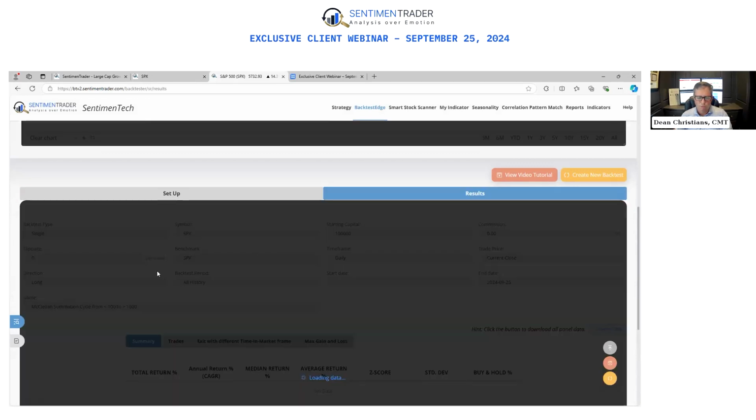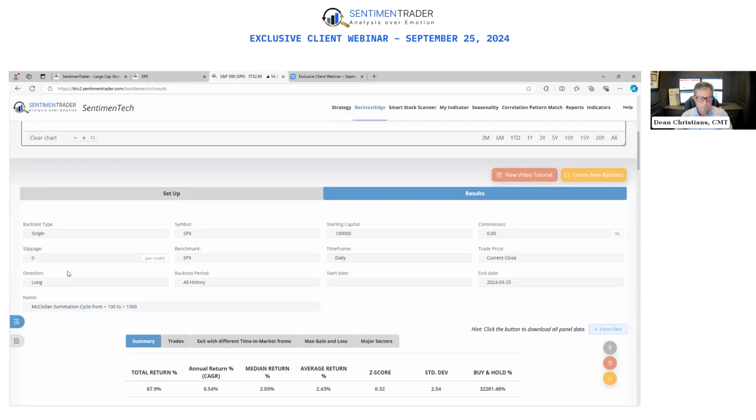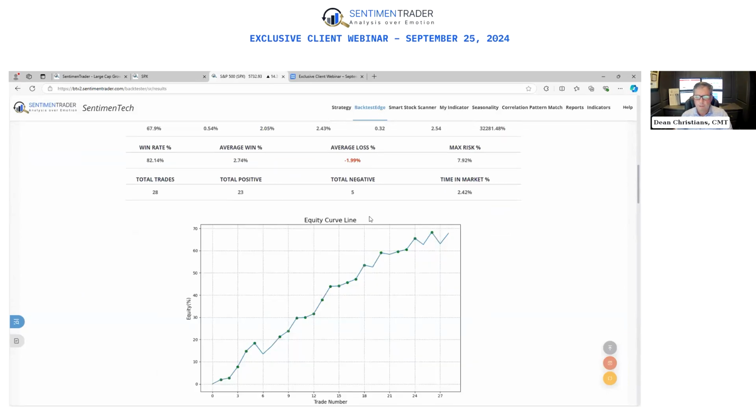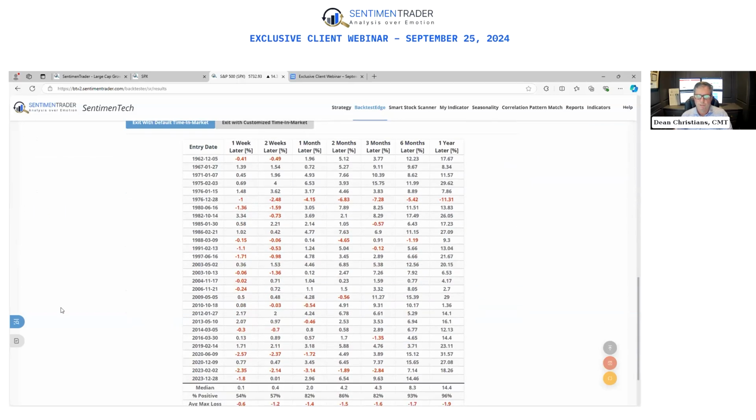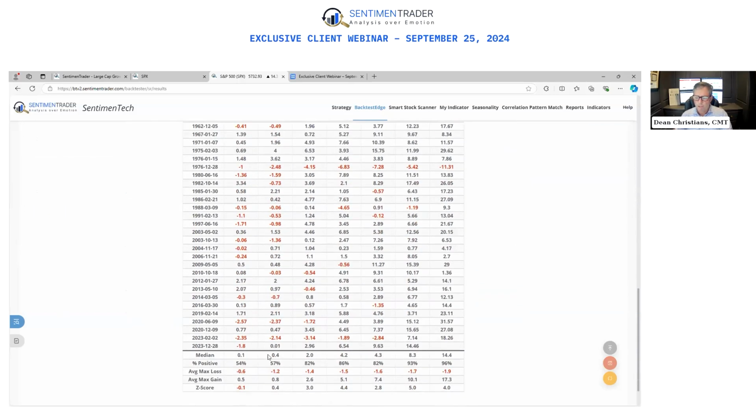So if we come into our results, what I like to look at is the exit with the different time frames. And again, what we can see here is exactly what I showed in the note yesterday: over the next 6 and 12 months, really good positive win rates, max gains that significantly outweigh the max loss, very high Z scores.